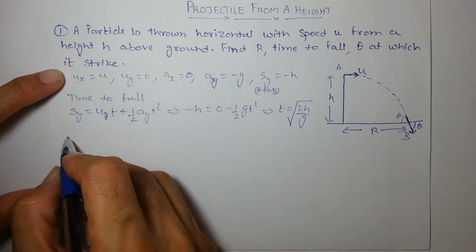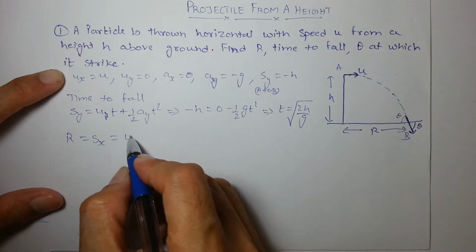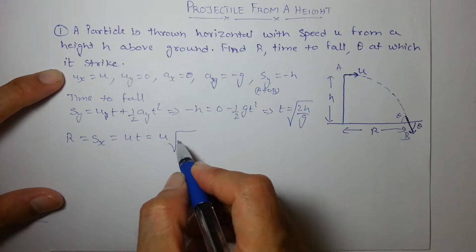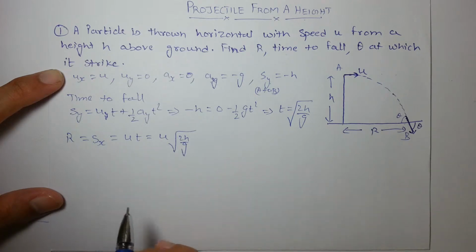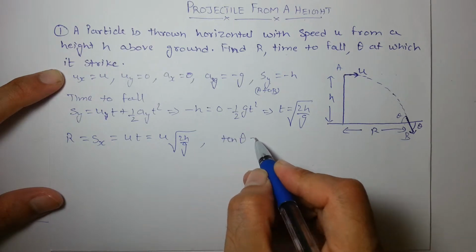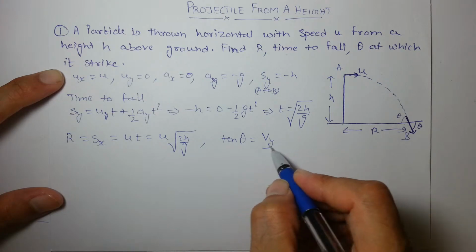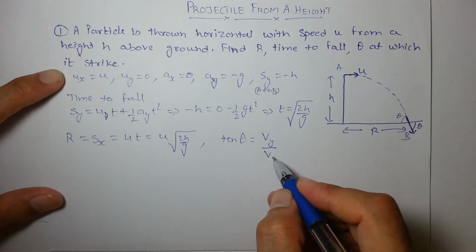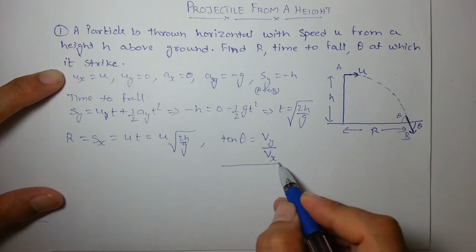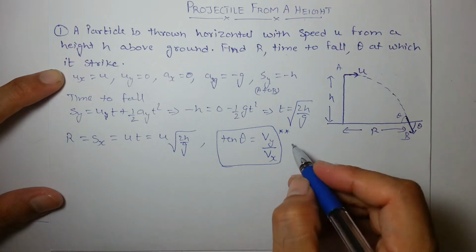What about range? Range is nothing but sx, and that is ut, that is u into under root 2h by g. What about the angle? Whenever you have to find the angle, remember this statement: whenever you have to find the angle with horizontal velocity makes, take the ratio of vy and vx. Okay, very important term to be remembered very cautiously.